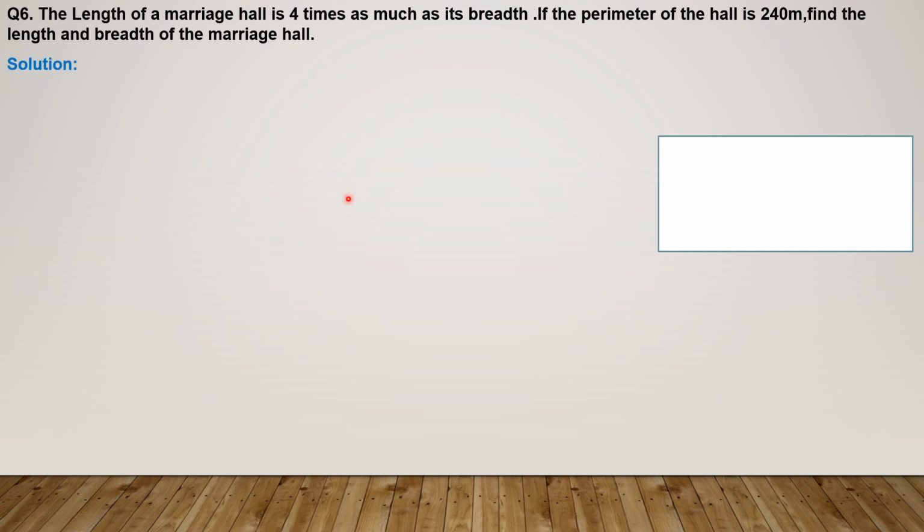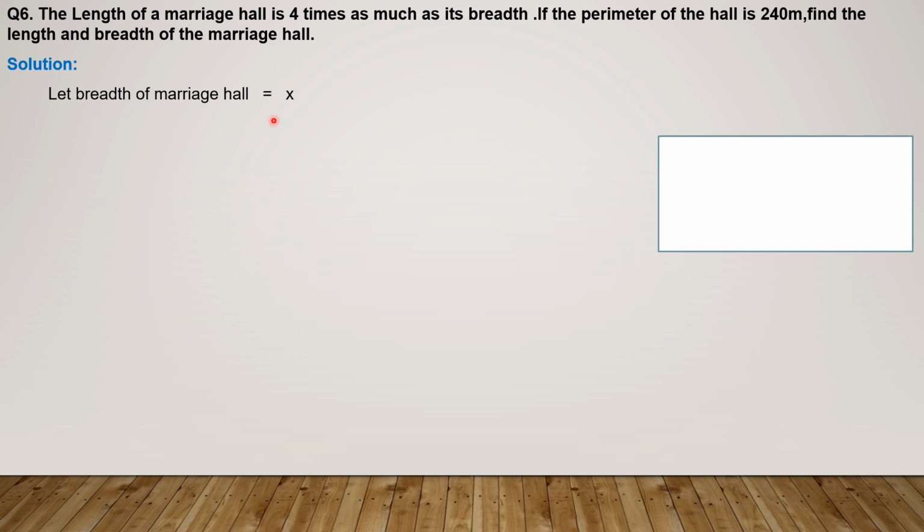Students, let's start the solution. Since the question is to find length and breadth, we will suppose here that breadth is equal to x. Students, why are we not supposing length is equal to x? Because about the length there is a condition that length is 4 times its breadth. So first we suppose the breadth is equal to x, then obviously length will be equal to 4x according to the given condition.